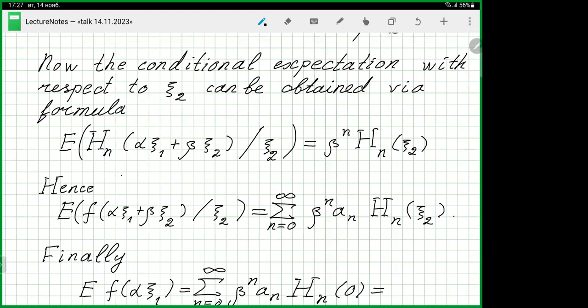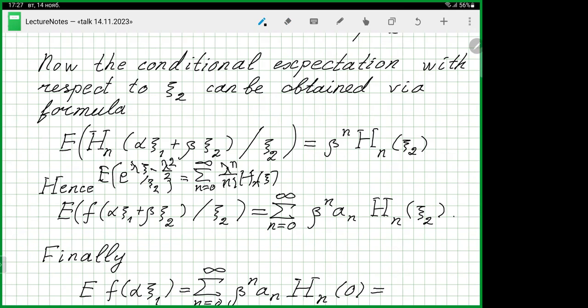We know that if we consider lambda multiplied by xi minus lambda square over 2, then it is equal to the sum from n equals 0 to infinity of lambda^n over n factorial times h_n of xi, yes? So to calculate this one, it is enough to know how to calculate this conditional expectation.